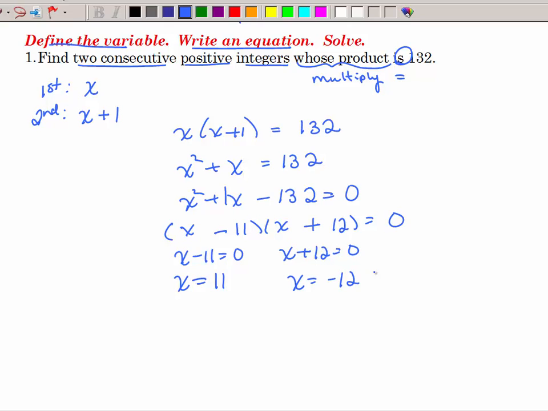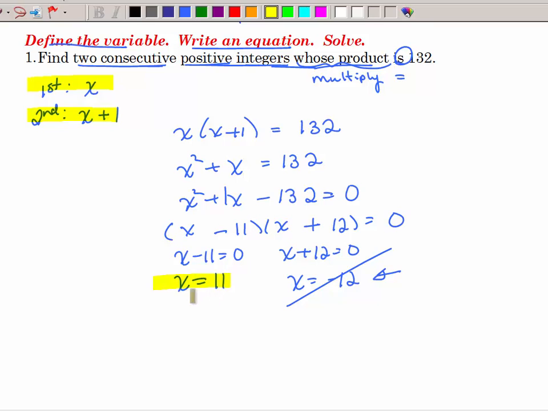But you are not finished yet. We need to find two consecutive positive integers. Well, first of all, is negative 12 positive? No, it's not, so we're just going to throw that out. But x equals 11, that's still not two consecutive positive integers. That's why I want you to do the part where you define your variable, because that's what you want to find.